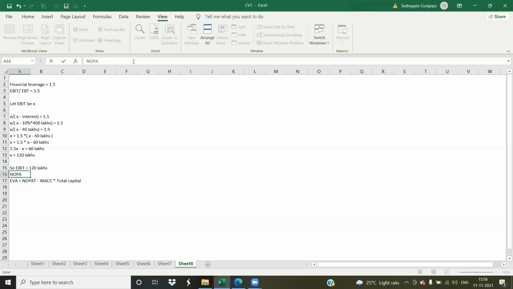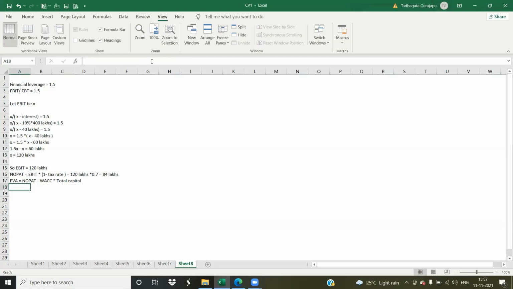So NOPAT is equal to EBIT into 1 minus tax rate, that is equal to 120 lakhs into 0.7, that is equal to 84 lakhs.